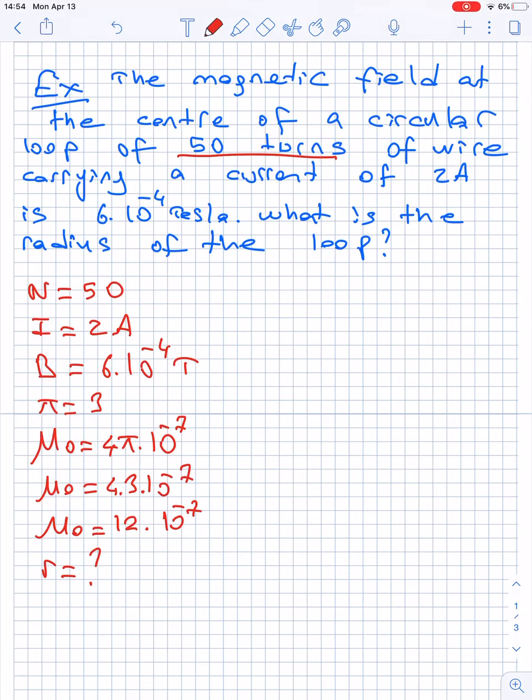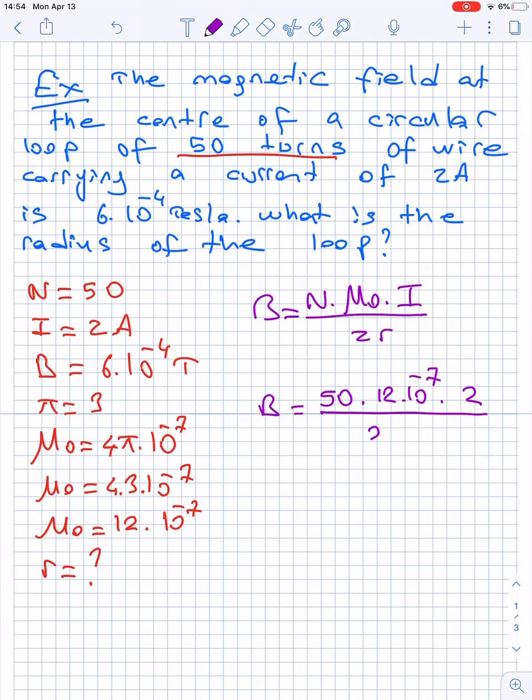Okay, magnetic field formula. Magnetic field B is equal to N multiplying mu 0 multiplying current over 2R. And N is 50. Mu 0 is 12 times 10 to the power minus 7, multiplying current, which is 2 ampere, over 2R, which we don't know.